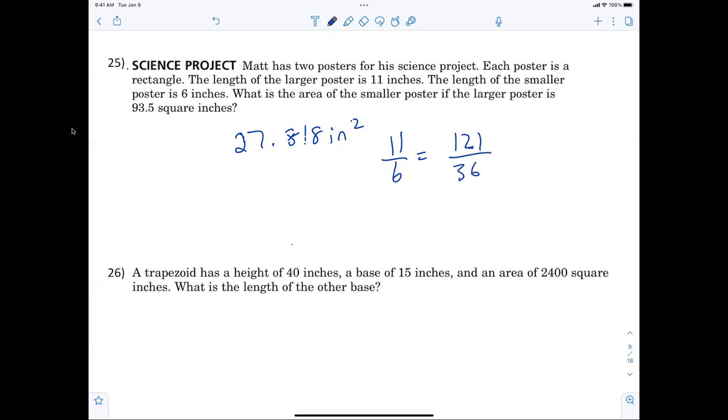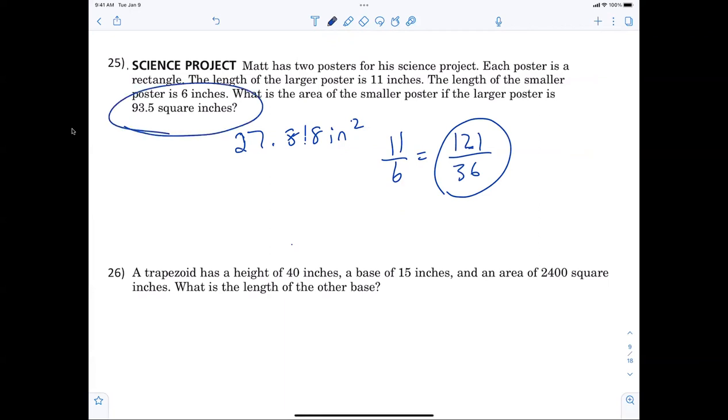Yes. Just listen for me for 1 second. I understand your confusion. I promise you, it's super easy. So do we agree that the area is 121 over 36 times greater than the smaller one? Do you agree with that or not? Yeah. Right, so now you are smart enough to say they gave me which one?